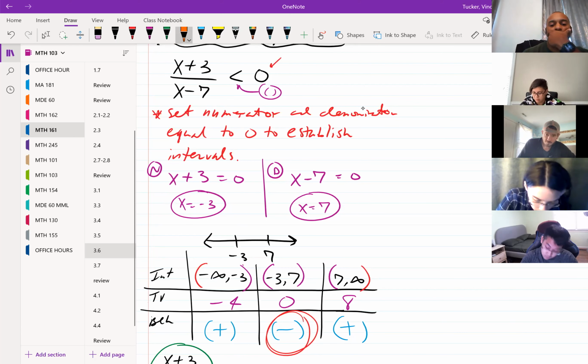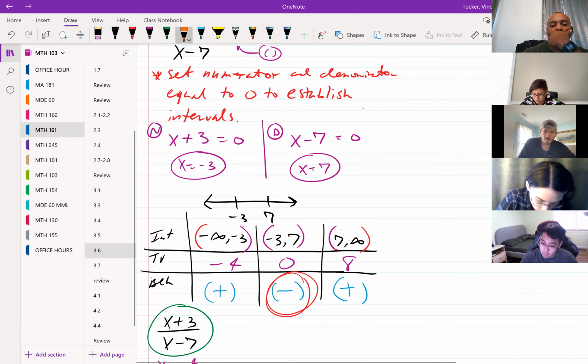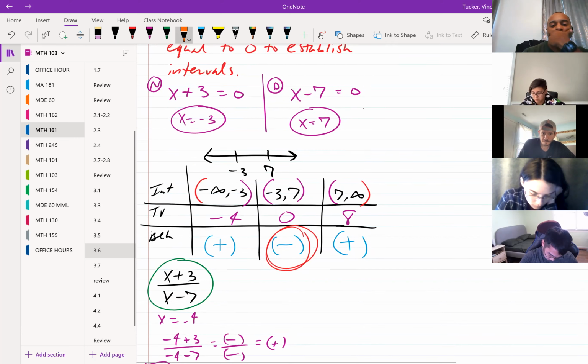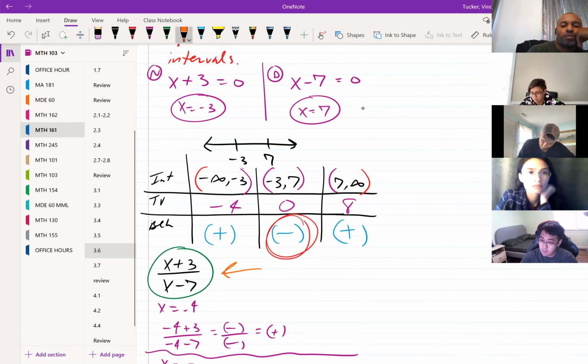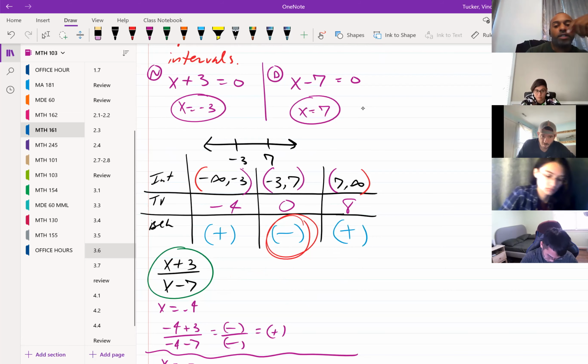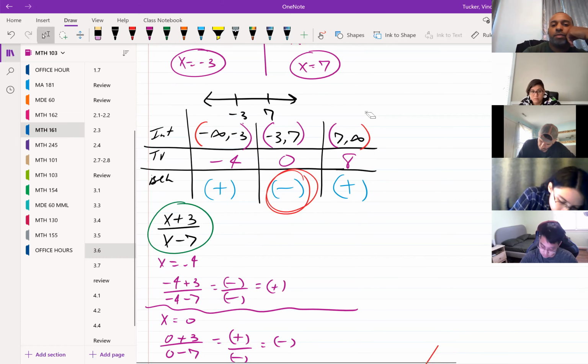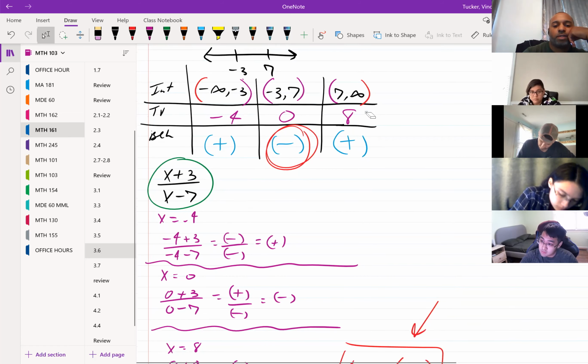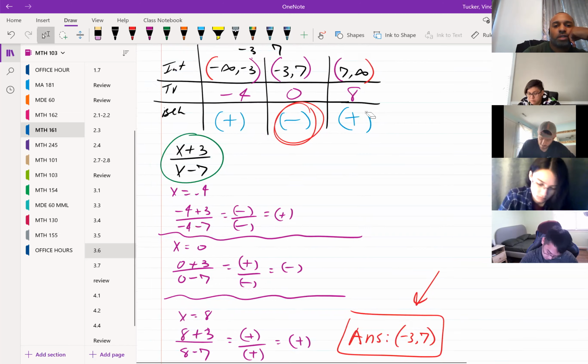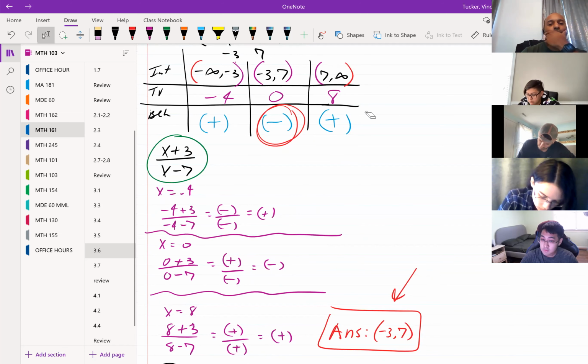So our expression is x plus 3 over x minus 7. Plug in -4, plug in 0, plug in 8, and see if we get a positive or negative behavior from our graph. Plugging in -4 gives us a positive result.